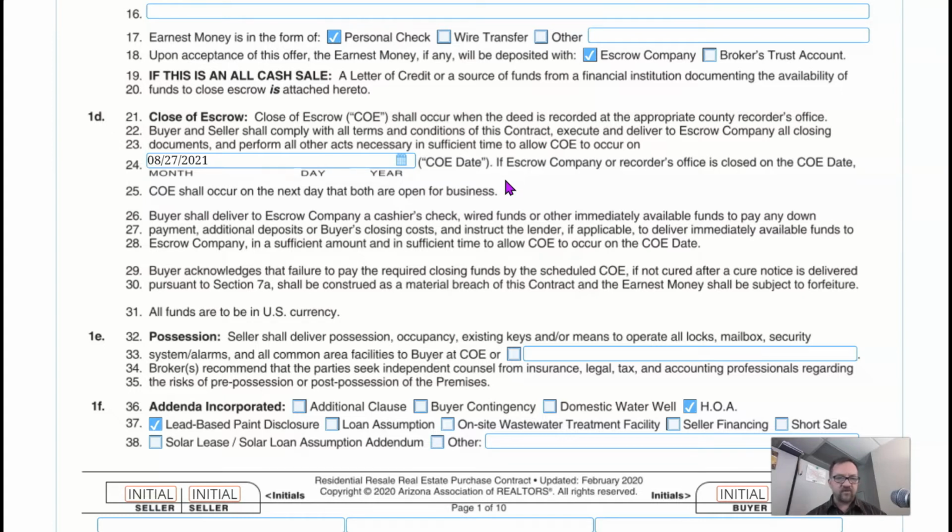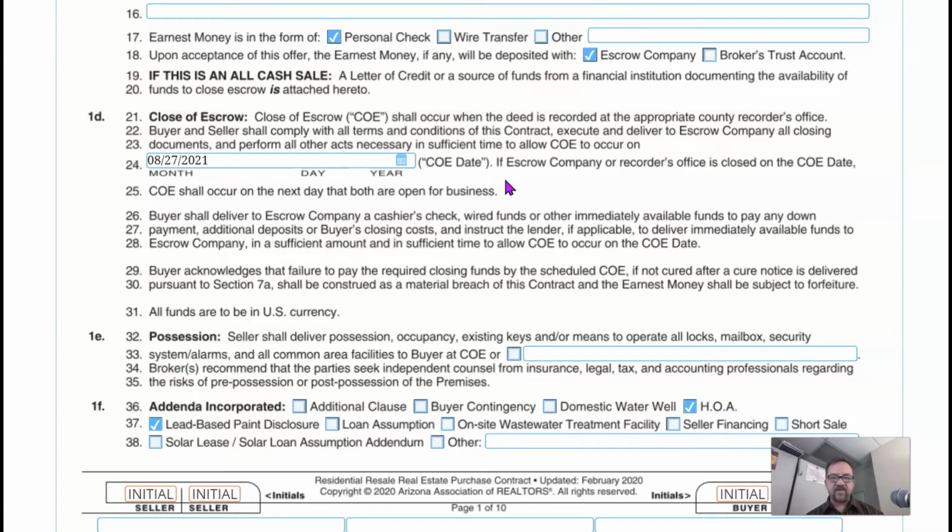There's a walkthrough at a certain time that needs to happen before close of escrow. The seller has to make sure that the people can still get in it. The seller has to be out of the house at close of escrow unless you have another agreement saying that you can stay in there later. Right? But the lines right here, 26 through 28, are really calling out to the buyer, hey, dude, you have all of these things that you're responsible for doing to make sure we hit the target date of the close of escrow.